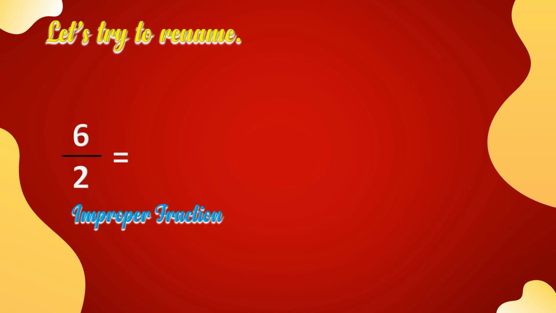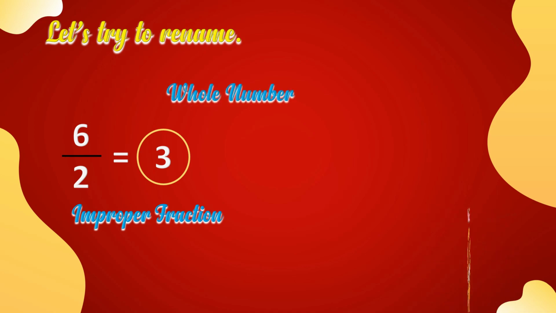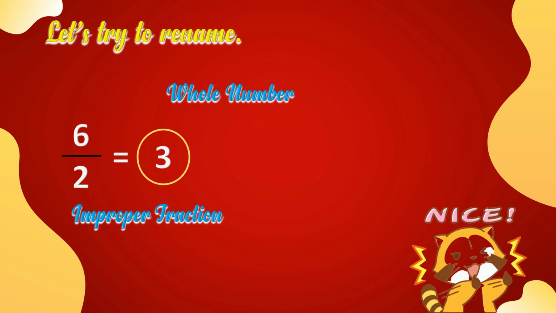6/2. So, improper fraction. So, hinahanap natin ngayon ay ang ating mixed fraction. Mixed fraction kaya ang tawag natin dyan kasi 6 divided by 2 is 3. So, ang tawag dyan ay whole number. Pero, rename pa rin siya.